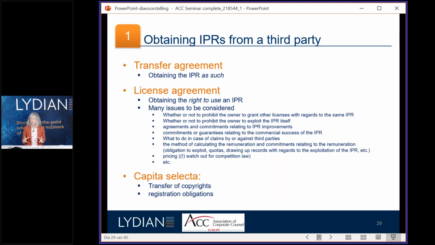One of the main issues we encounter first is to see whether it's a transfer agreement, a transfer of ownership, or a transfer of the right to use, a license. It's the first thing you have to double check, because they have different consequences, which affect the rights in general.